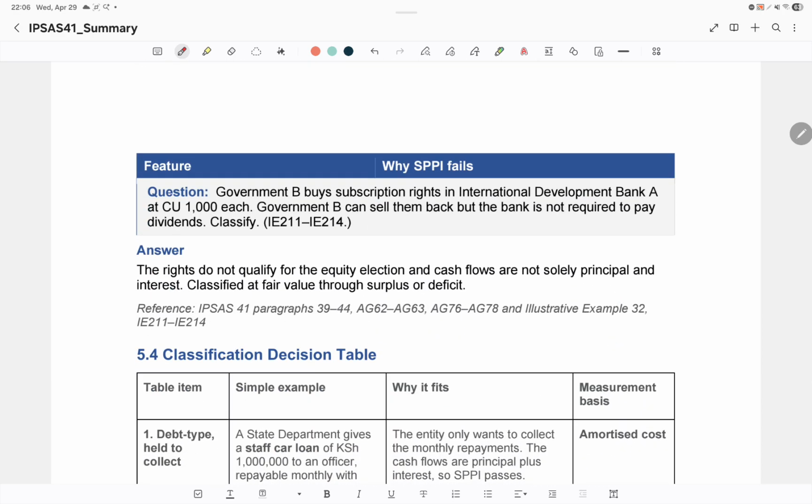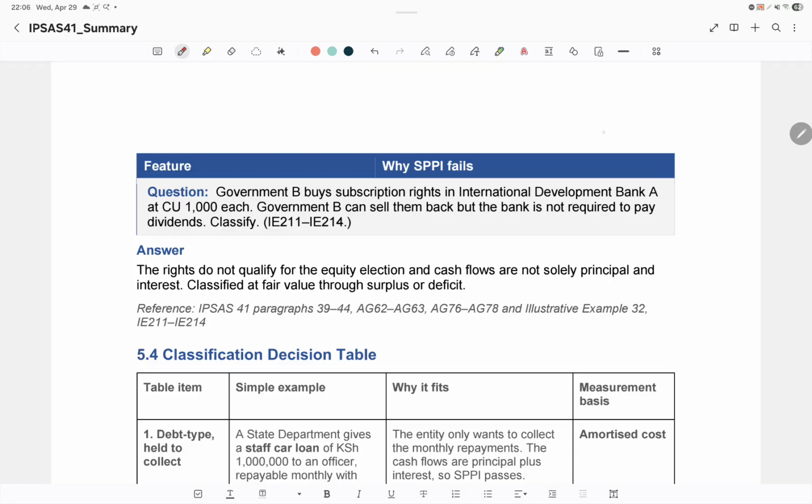Okay. Question. Government B buys subscription rights in International Development Bank A at currency 1,000 each. Government B can sell them back, but the bank is not required to pay dividends. So you classify.